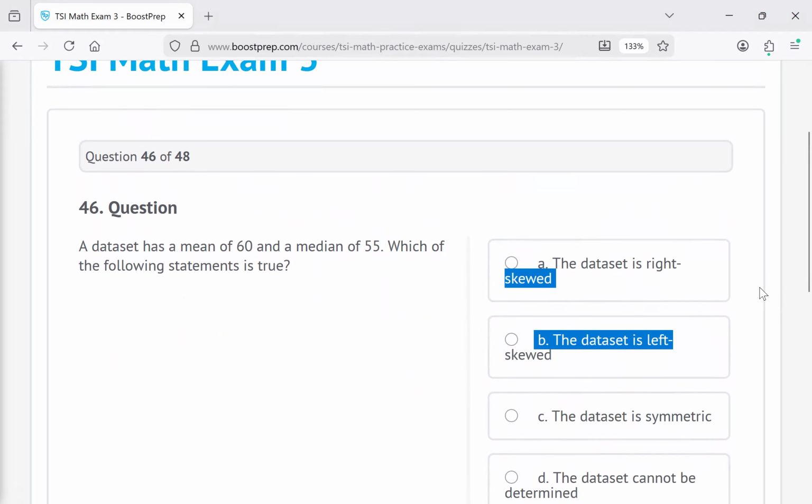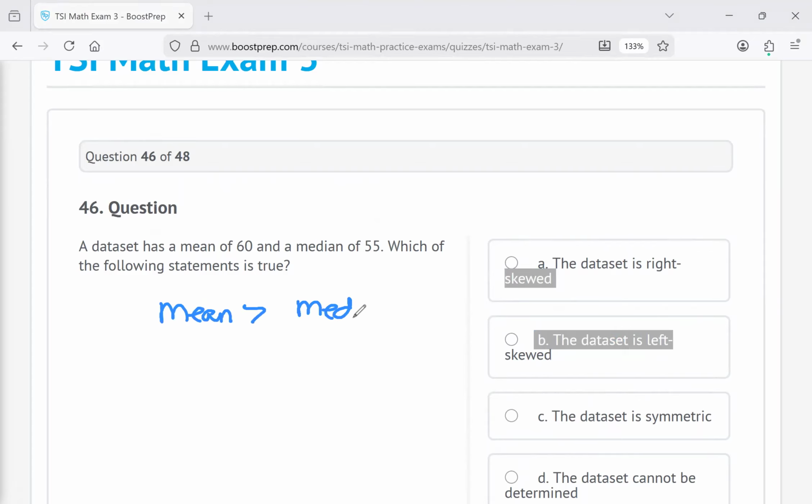I would say right skewed. Yes, right skewed, because in a right skewed distribution the mean is greater than the median.